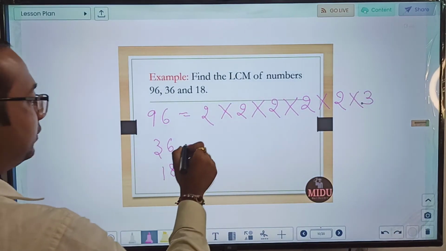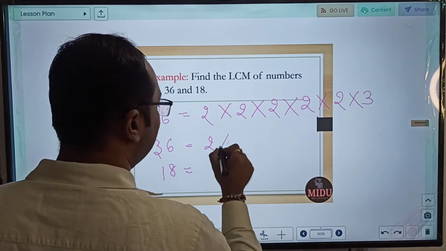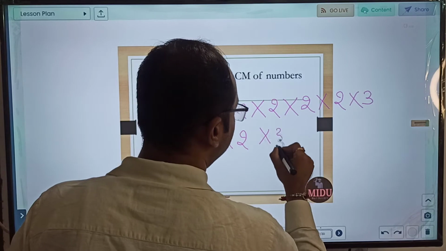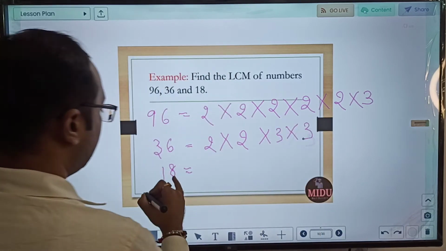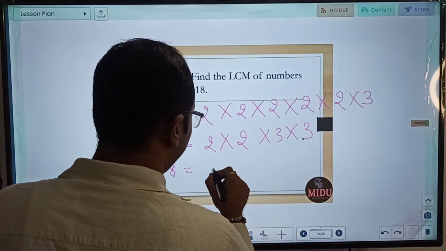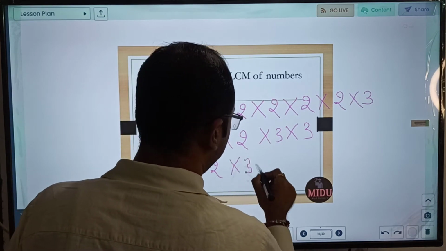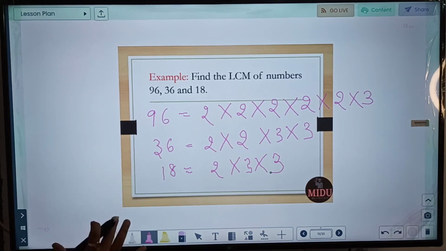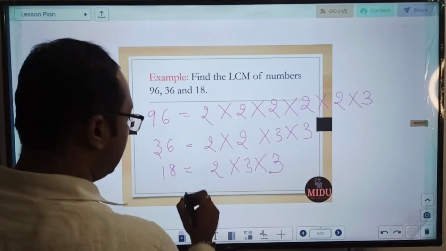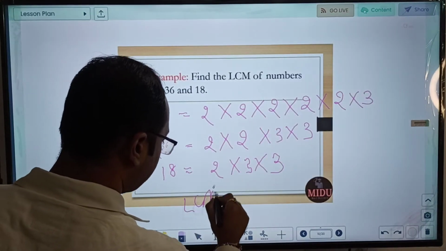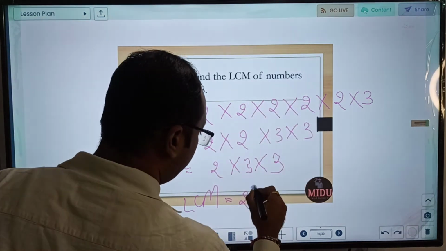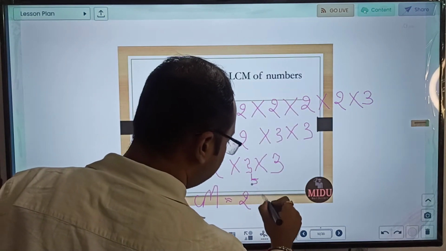Now let us do it for 36. Divided by 2, 18. Again divided by 2, 9, which is 3 into 3. What is 18? 18 is divided by 2, then 3 into 3. So we are writing everything in prime factor form. Now what will be the LCM? LCM will be the product of the highest powers. 2 to the power 5 is the highest.